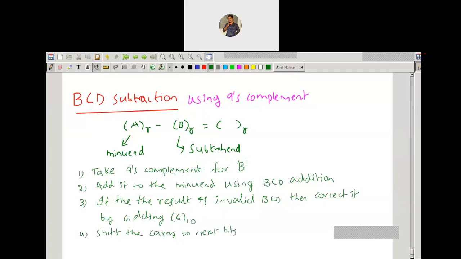So you understand these 5 steps while you're doing the problem. No worry. Here, if an end carry, that is our final carry, is generated, then add it to the result. So these are the 5 steps involved in doing BCD subtraction by using nines complement. So everybody please read these 5 steps. We'll do a problem.